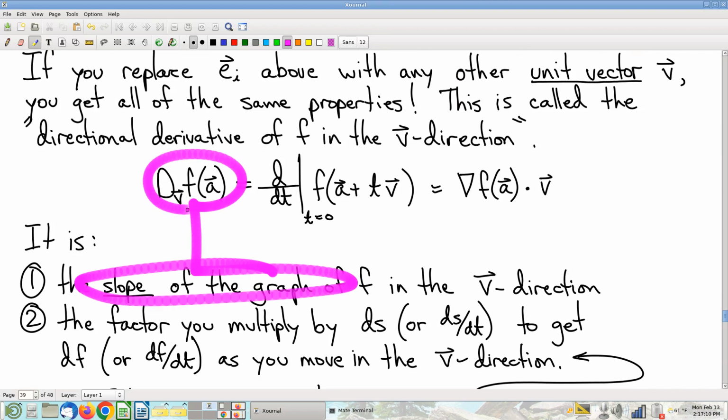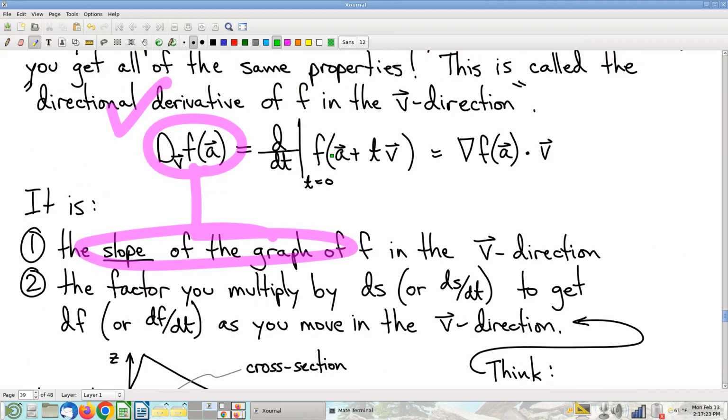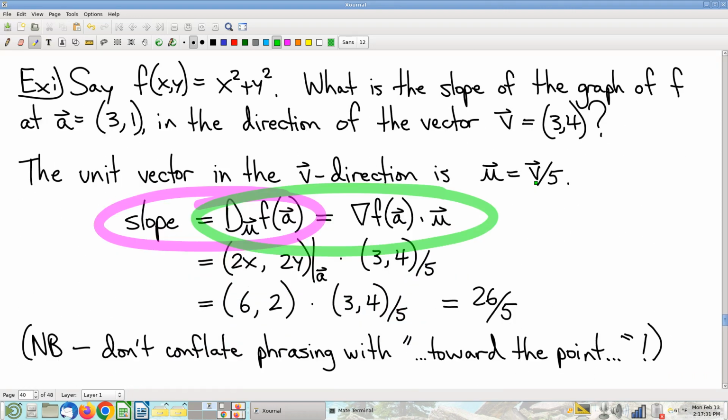So all I have to do here is compute this directional derivative, which I'm going to do with that dot product formula also from the previous page. Directional derivatives are computed by this handy-dandy dot product with the gradient. And so now it's all plug and chug.